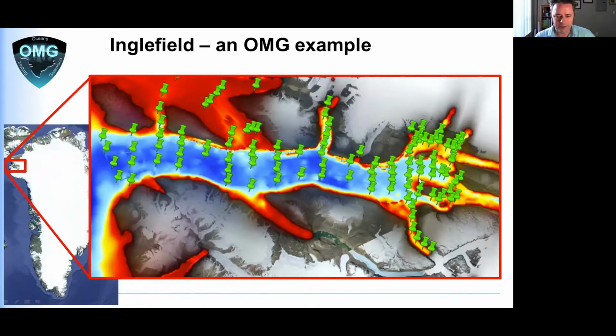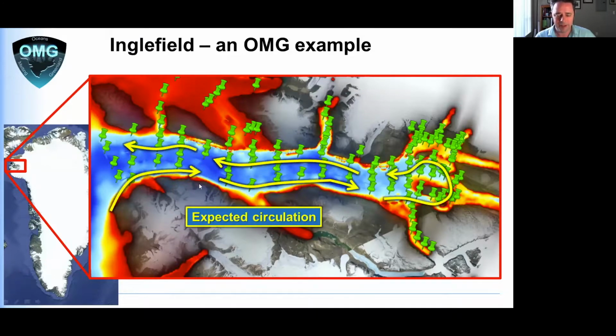But we took another look at the CTD data in this region. In 2016, we had a small ship with a single beam sonar. We didn't get a complete area map of the bathymetry in this region, but we did have the ship go back and forth a whole bunch of times, collected a ton of CTD data.